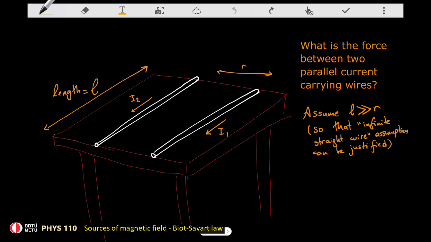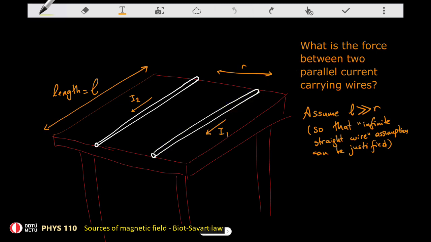And since arbitrary shapes of curved circuits are actually quite complicated mathematically, we are going to compute this force for the simplest possible circuits, simple current carrying wires, and these are basically infinite straight wires. Right?